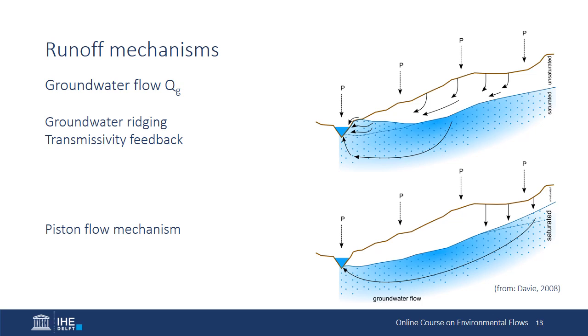One of them would be groundwater ridging and transmissivity feedback mechanisms that you see on the right upper figure. In the vicinity of the stream, we have an increase of groundwater table due to infiltration and more extent of saturated areas, which will lead to a higher exfiltration of that groundwater towards the stream due to an increased hydraulic head and gradient.